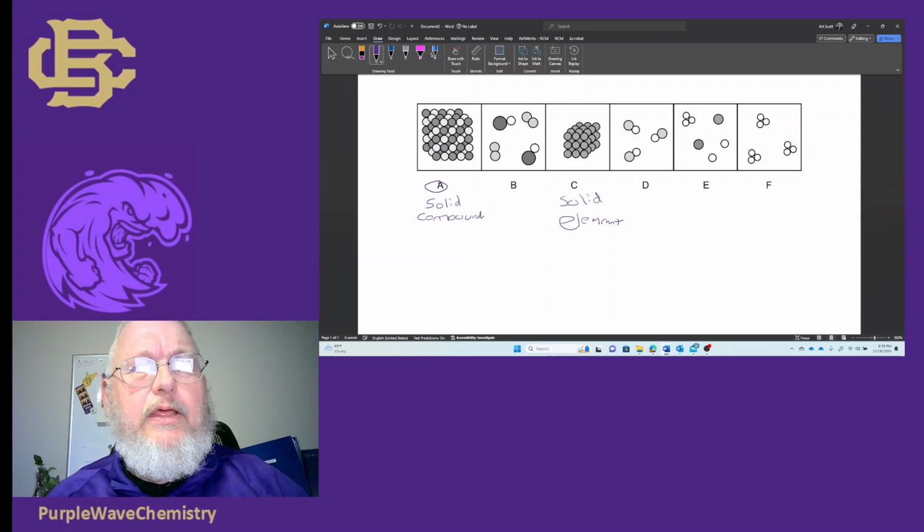Now, can I say it's homogeneous? Yeah, so this is also homogeneous. It's the same throughout. So several things I can tell just by looking at these particles. I think I said that this element is homogeneous too. Is that a mixture?